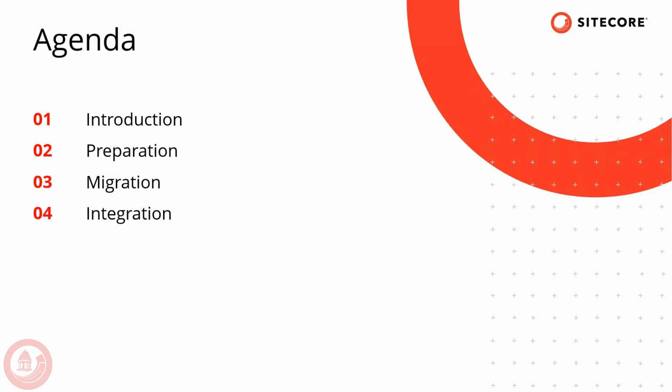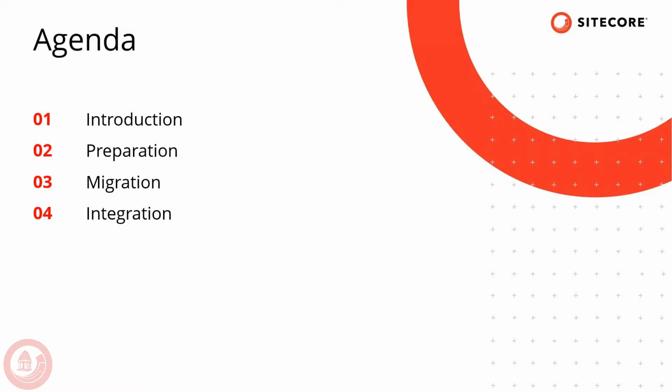We will talk about what you need to prepare before you start migration of products into PCM, the migration process itself in detail, the product metadata, the product images, and how you can link these two together. Also, we're going to talk about integration features that we can utilize to integrate with other systems, for example, Sitecore Commerce.